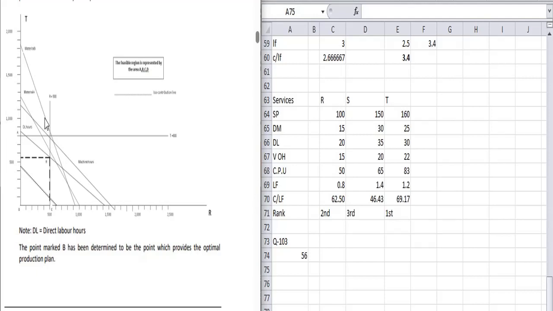Material B has slack, material A has slack. So only direct labor will have a shadow price greater than 0, because it is on the optimum point, and the rest of the lines are apart from the optimum production point, which means there is slack present.